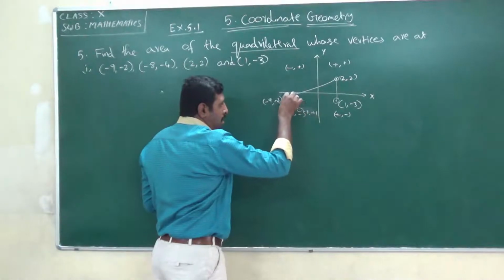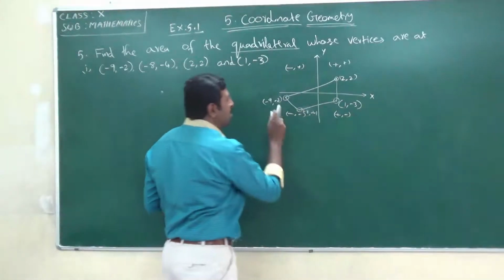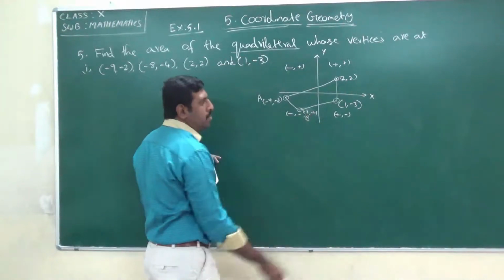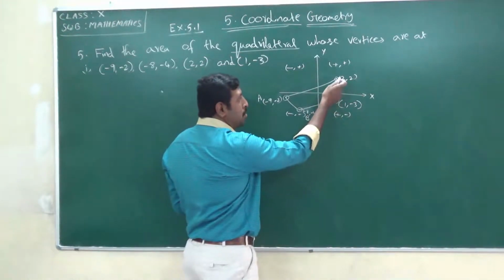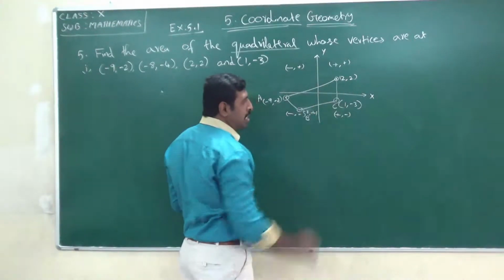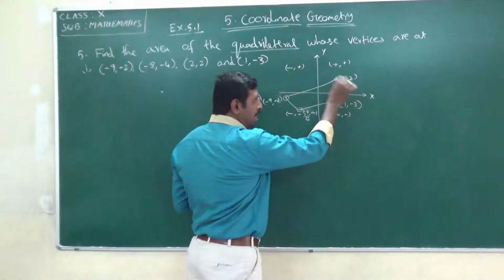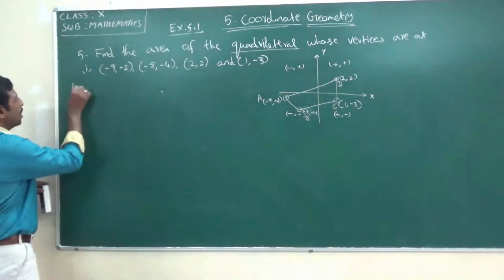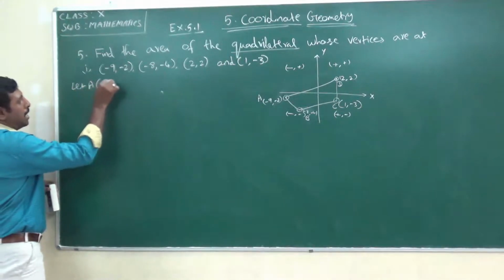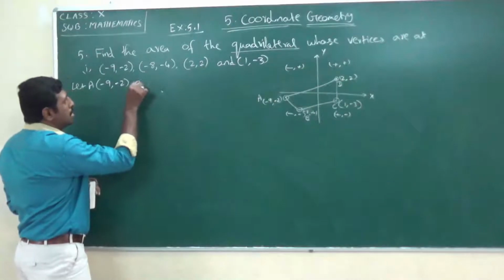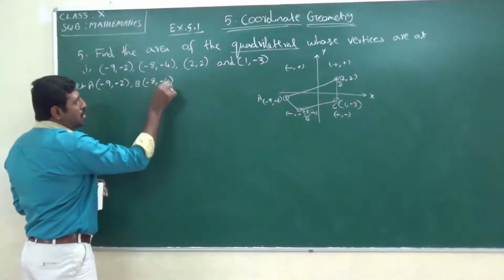We have to take the points in the anti-clockwise direction. The first point let me take as A, the second point as B, the third point as C and the fourth point as D. Now take it in order: A as minus 9, minus 2, and B as minus 8, minus 4.